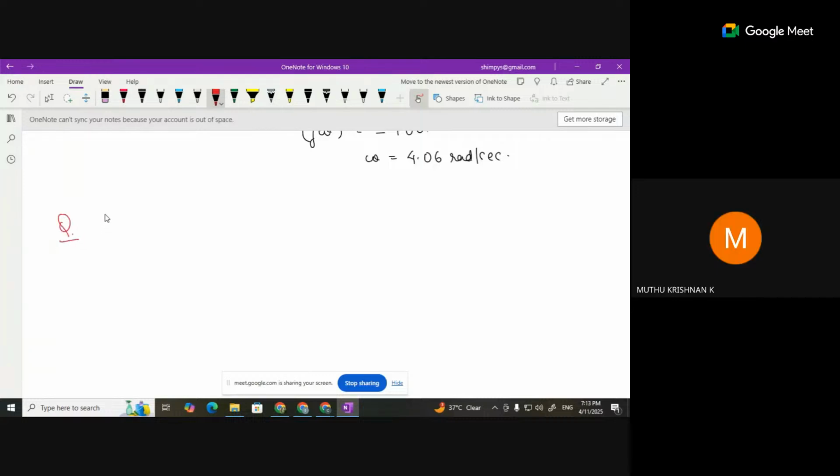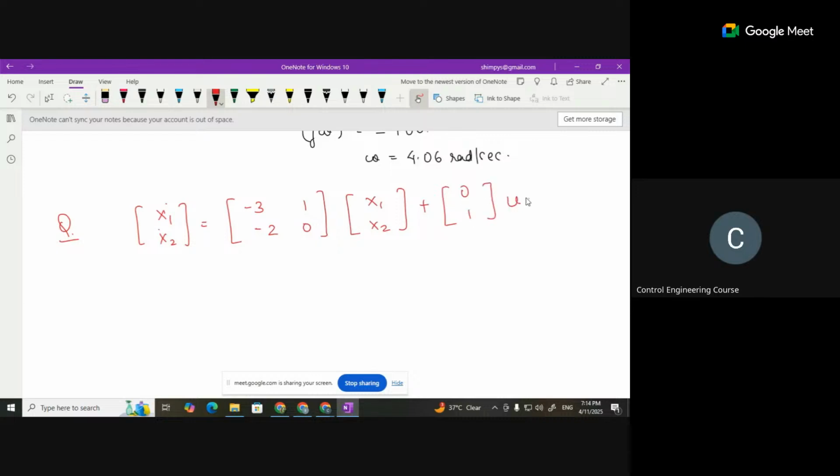Our system is characterized by the following state space equations: x1 dot, x2 dot equals the matrix -3 1, -2 0 times x1, x2 plus the vector 0, 1 times u, and y is 1 0 times x1, x2.